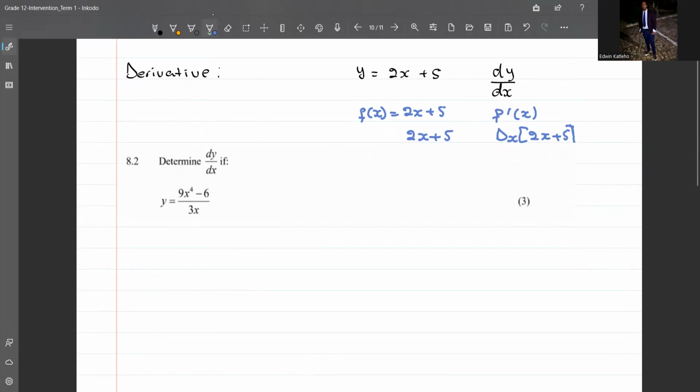Or the other option is that your notation of an expression can be written as d over dx of the expression 2x plus 5.